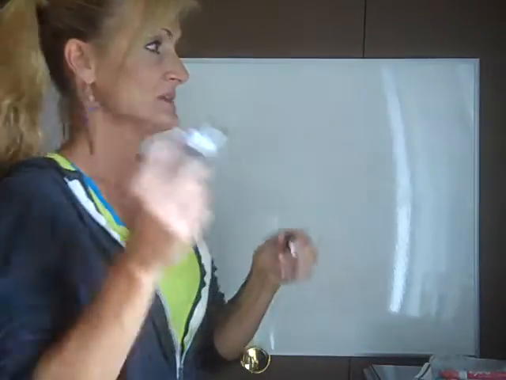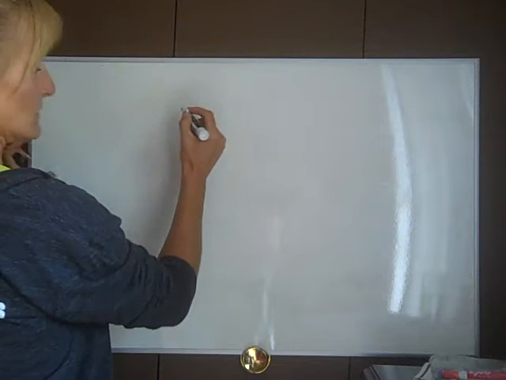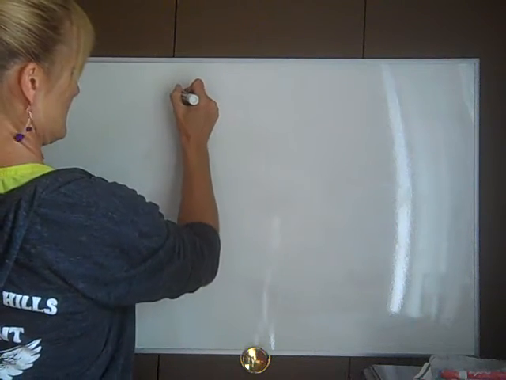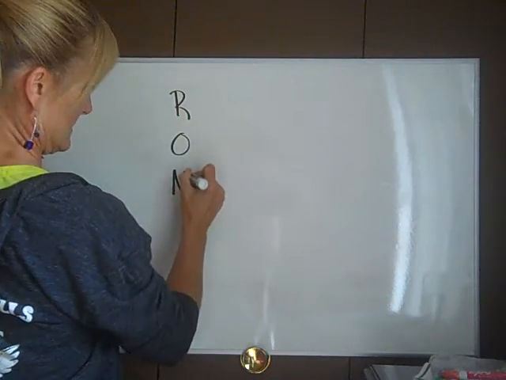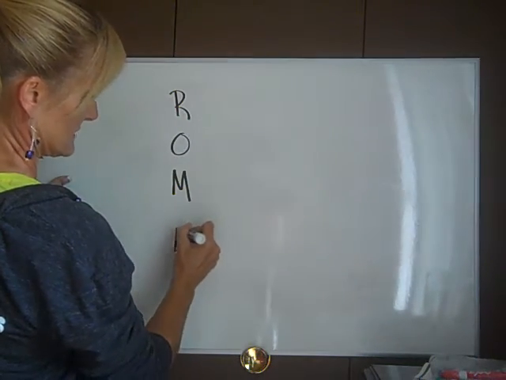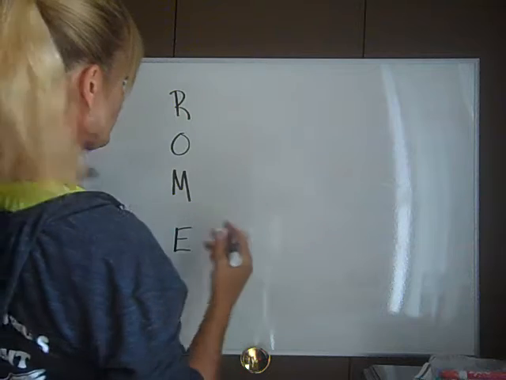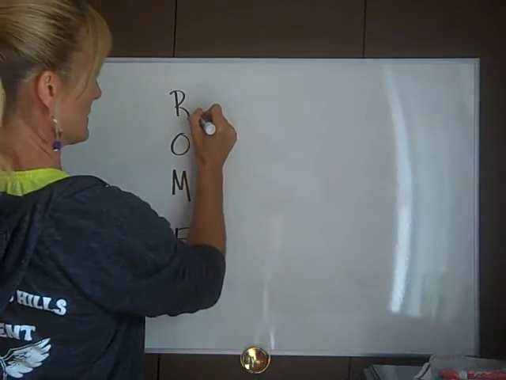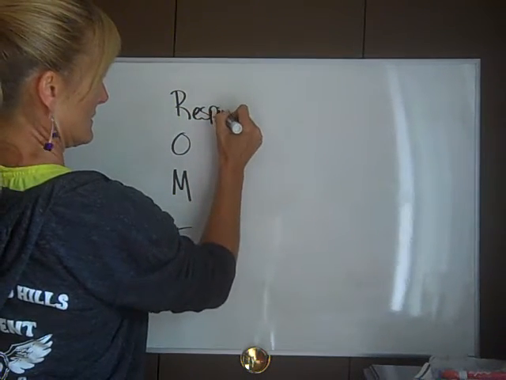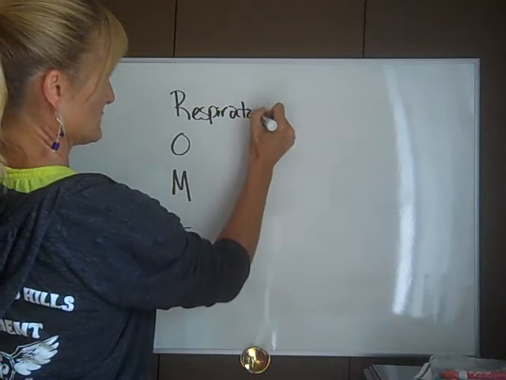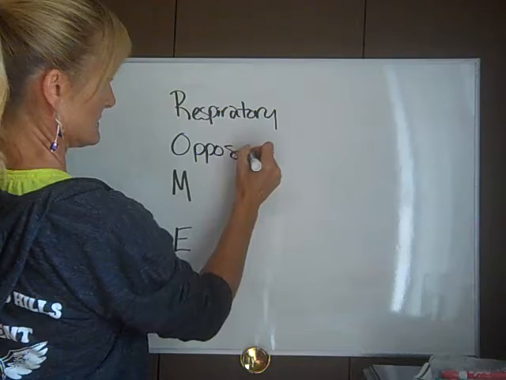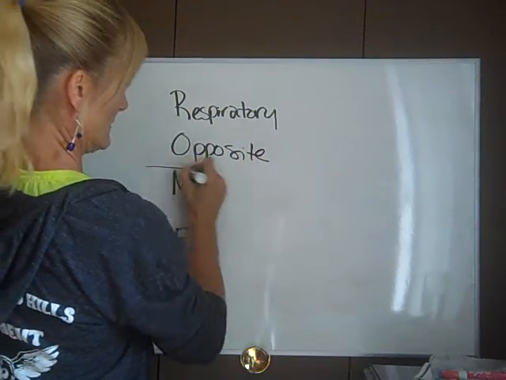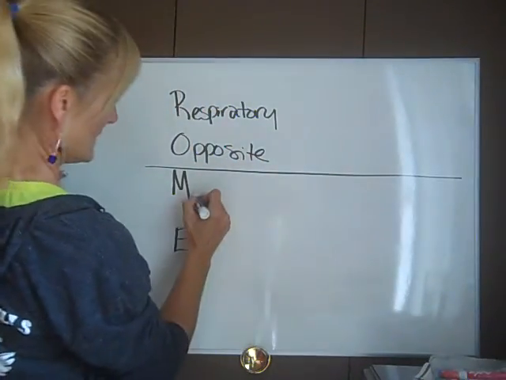There is this thing called ROME. This is a trick that some people do. It stands for respiratory is opposite, metabolic is equal. I'll show you what that looks like.